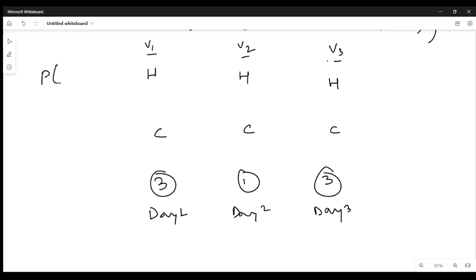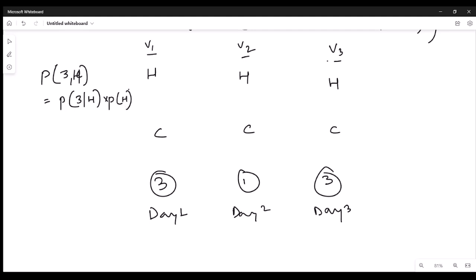That means we can write it this way: 3 comma h is equal to P of 3 given h into P of h.